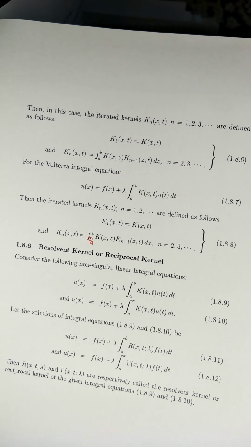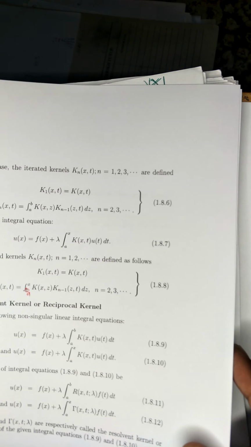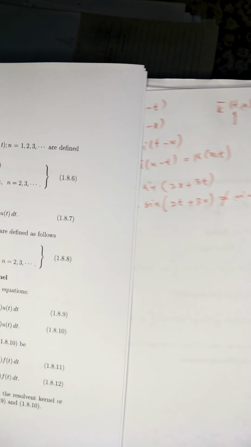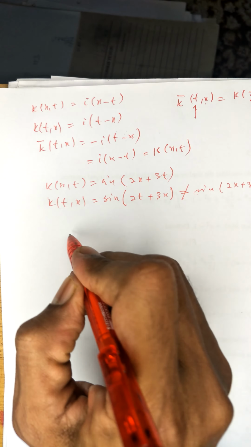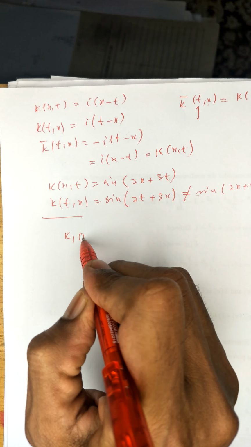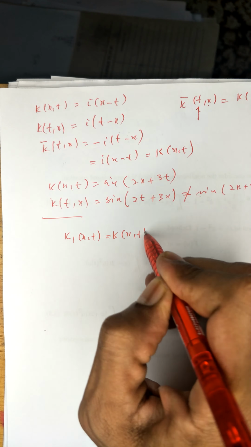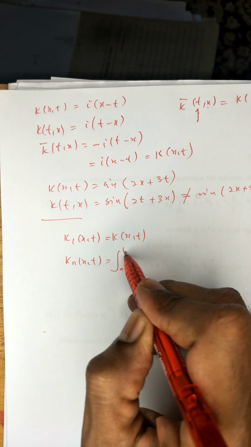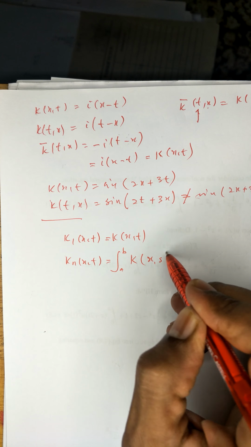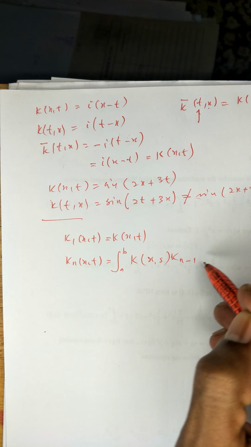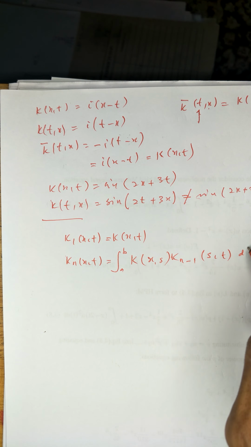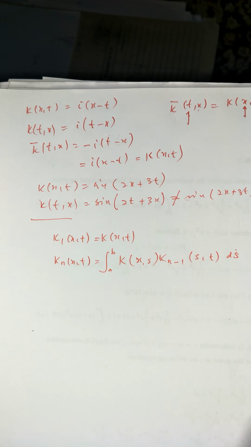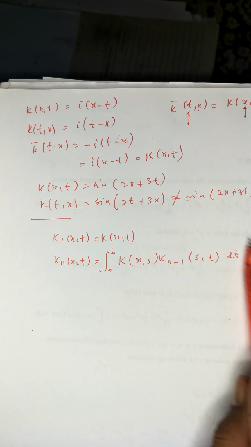Now if we take K1(x, t) equal to K(x, t), and Kn(x, t) we define as integral a to b K(x, s) Kn-1(s, t) ds, for n equal to 2, 3, and so on. This we call an iterated kernel.